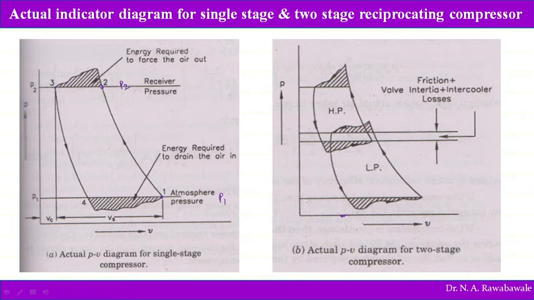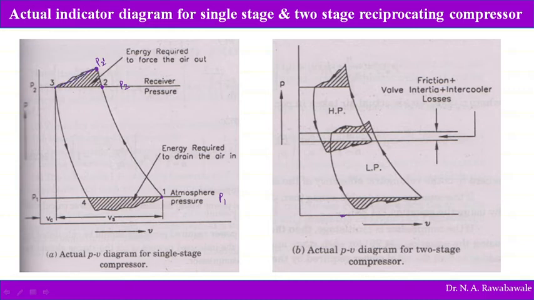Therefore it is necessary to increase the pressure beyond the required pressure or the pressure of the reservoir. So pressure is increased up to P2 dash. Instead of stopping, the compression process is continued beyond the receiver pressure, and when it becomes greater than the receiver or reservoir pressure, only then does air start to be delivered into the reservoir.